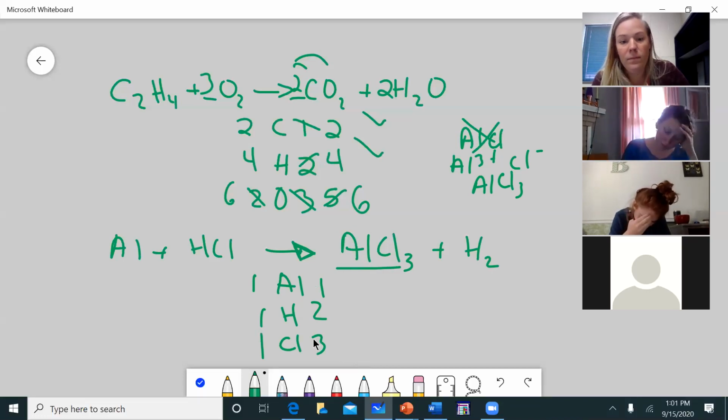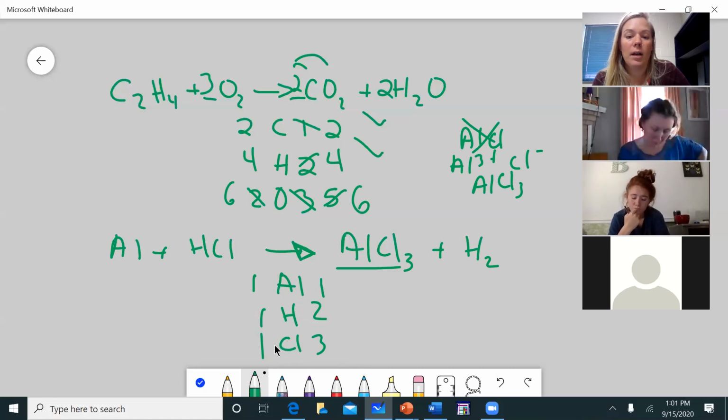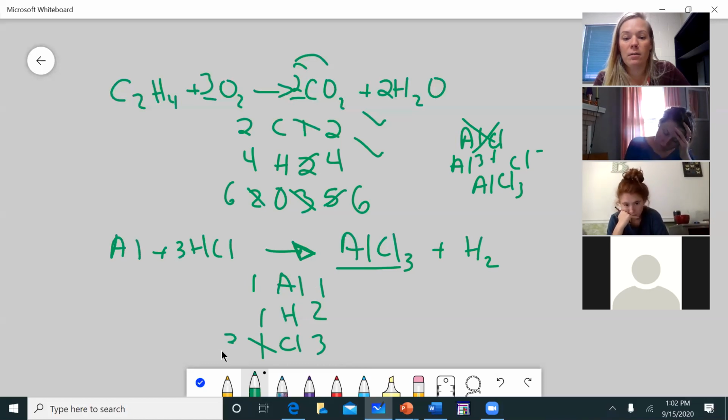So the aluminum currently is good. Chlorine, we've got 3, so we can start by putting a 3 over here. That's going to change my chlorine to 3. It'll change my hydrogen to 3. So we're getting closer.